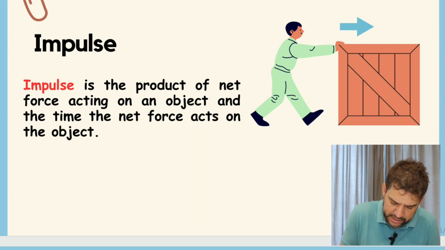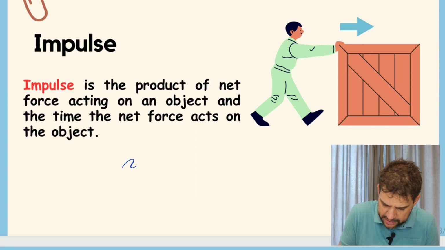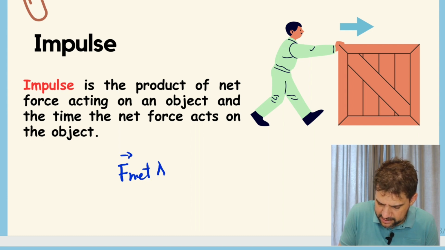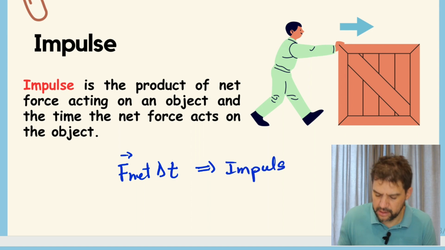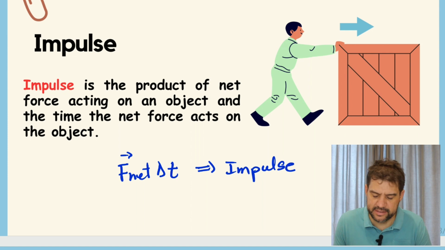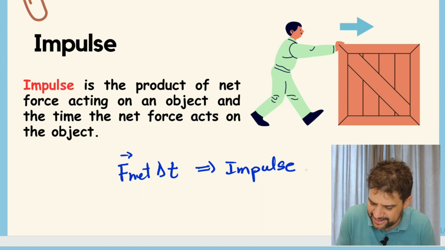So in other words, the product of F net and the time, that is what we call impulse. Now, for impulse, the most common symbol internationally speaking is the letter J.